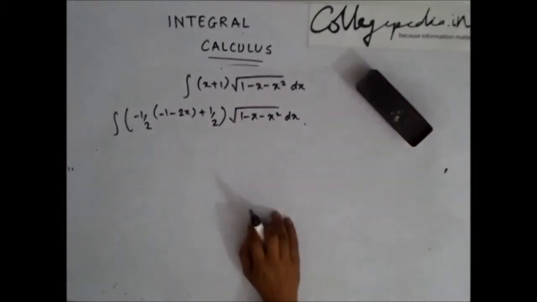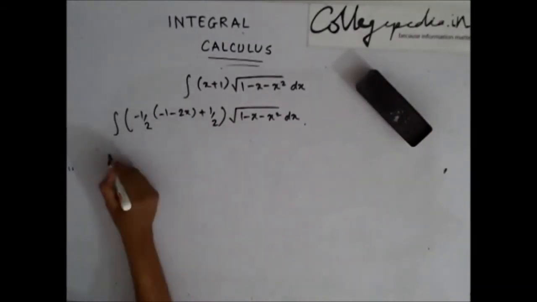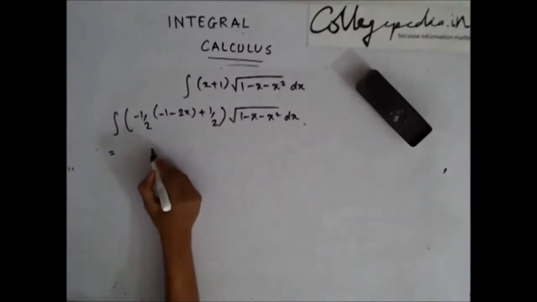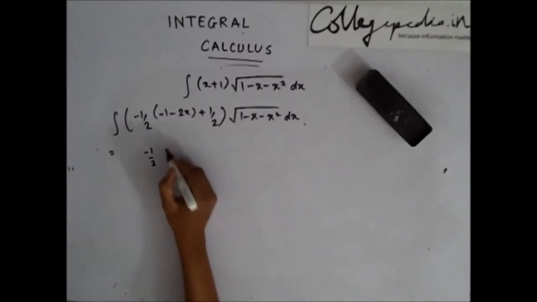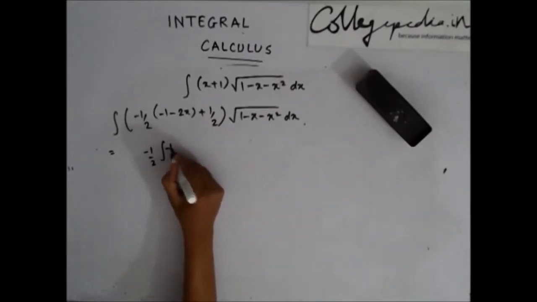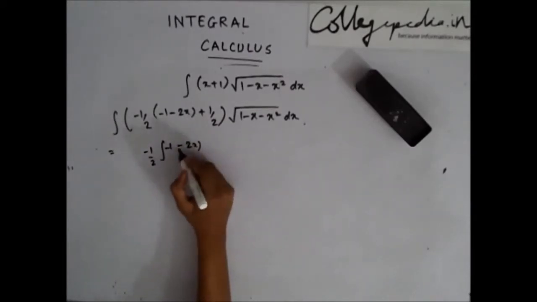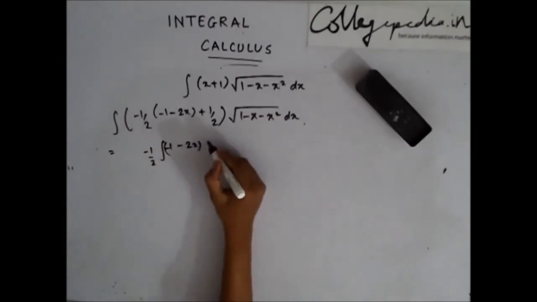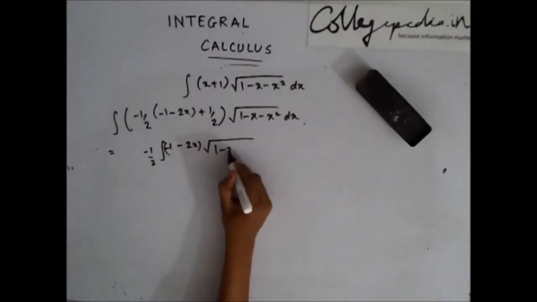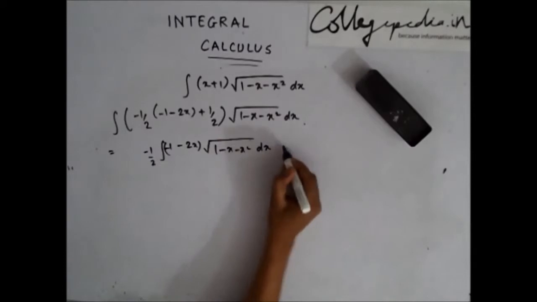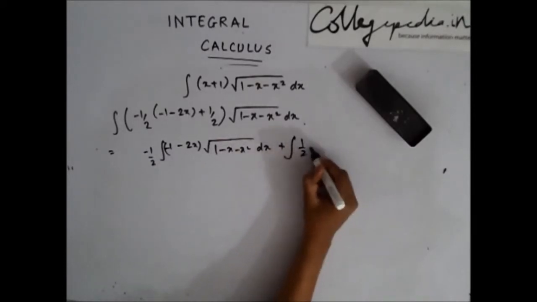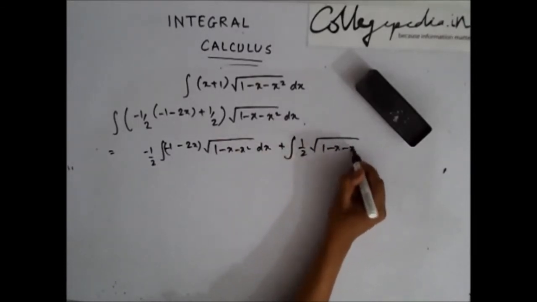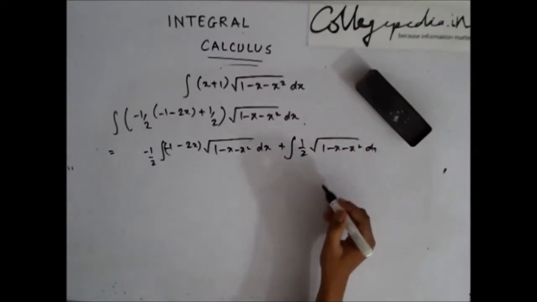Now this I can write as minus half integration of minus 1 minus 2x into root of 1 minus x square dx plus integration of half into root of 1 minus x square dx.